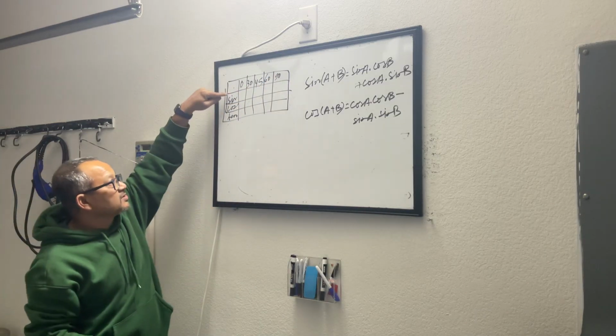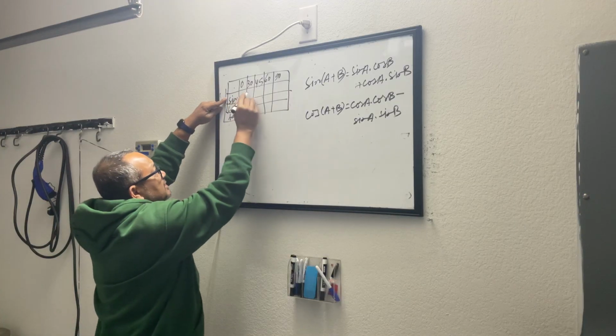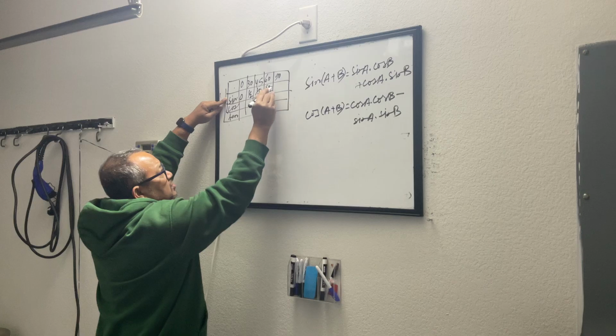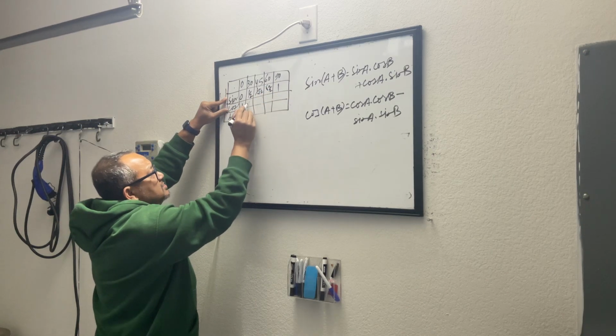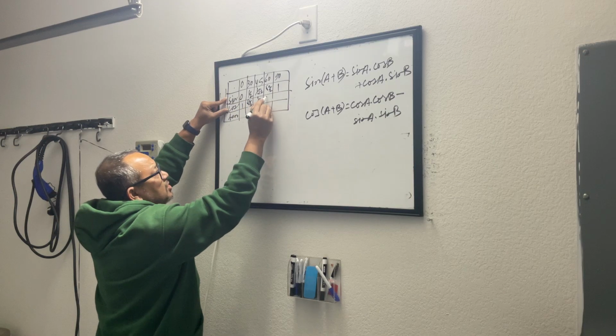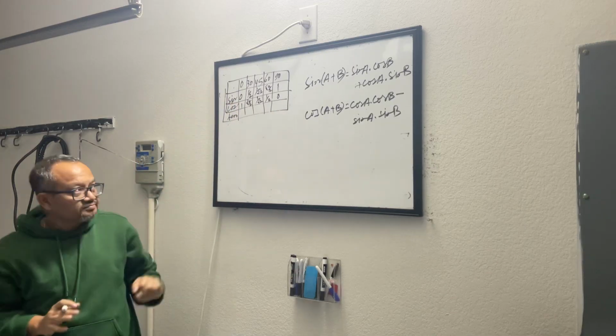I'm deriving the value for sine, cos and tan for these commonly used angles. Sine 0 is 0, sine 30 is 1 by 2, sine 45 is 1 by root 2, sine 60 is root 3 by 2, sine 90 is 1. Cos 0 is 1, cos 30 is root 3 by 2, cos 45 is 1 by root 2, cos 60 is 1 by 2, cos 90 is 0. And sine over cos is your tan.